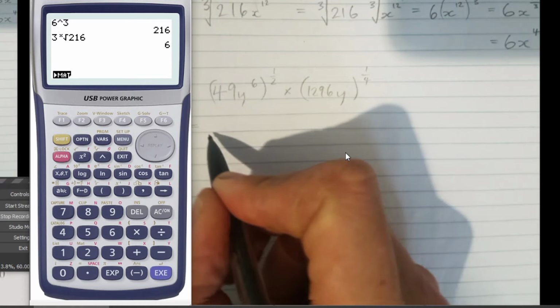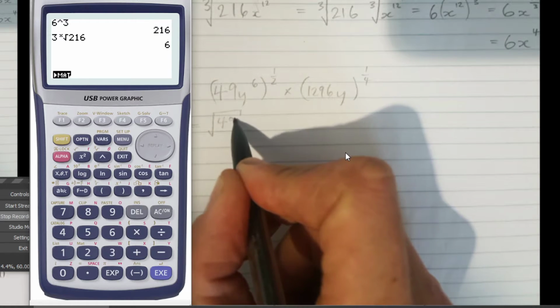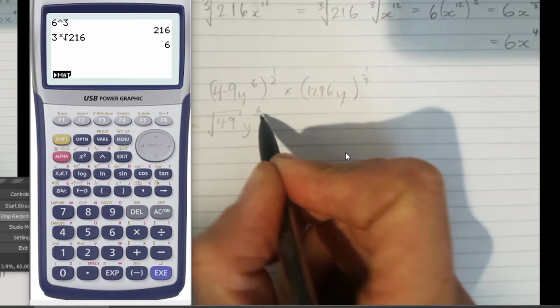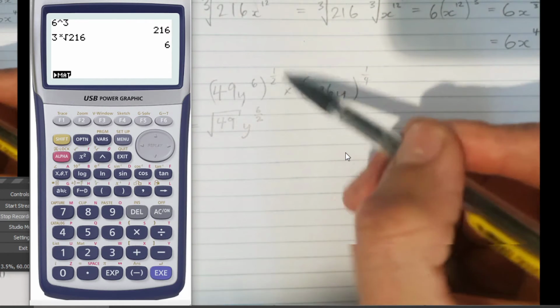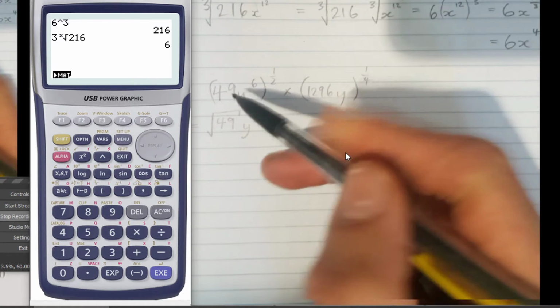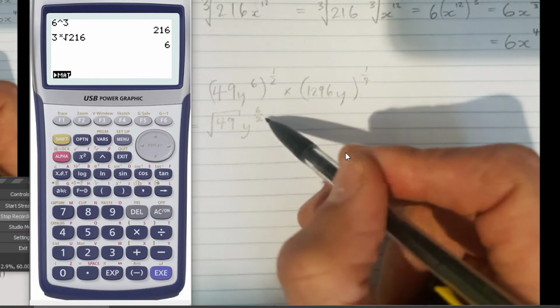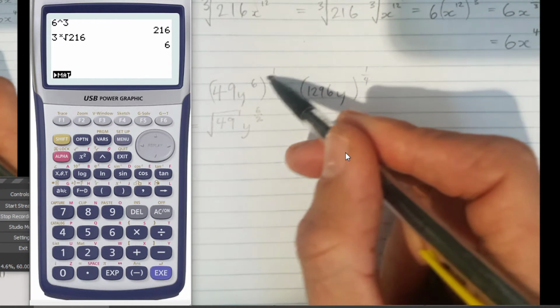So here we've got to do square root of 49, and then it's just y to the power of 6 over 2. So hopefully you can see what I've done there. I know that a half is just square root, and I'm approaching the number as a square root, and I'm approaching this y to the power of 6 to the power of a half because that's easy to multiply. I just chuck the 6 up on top there.